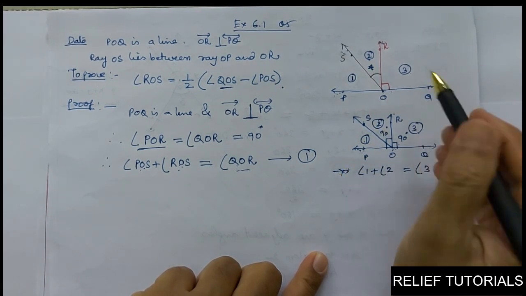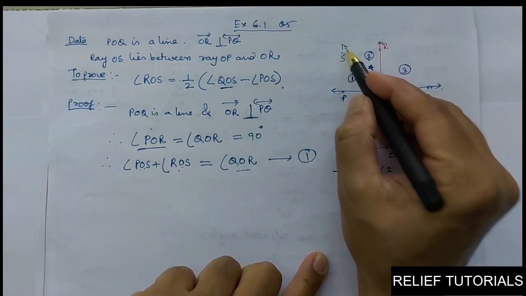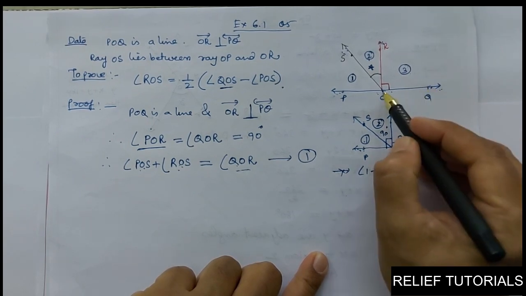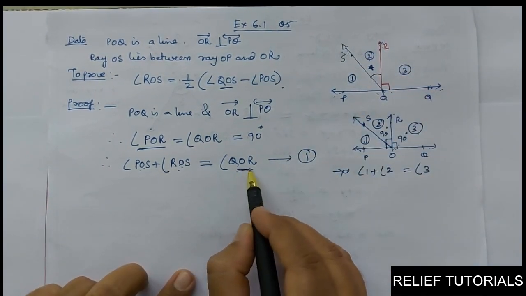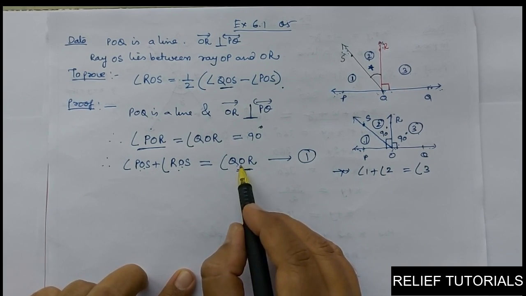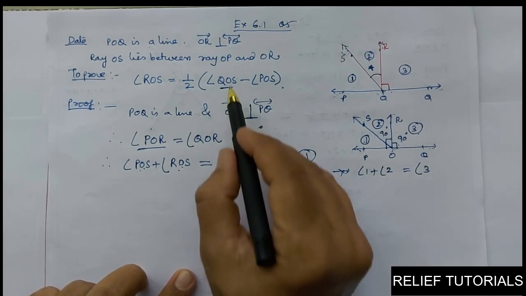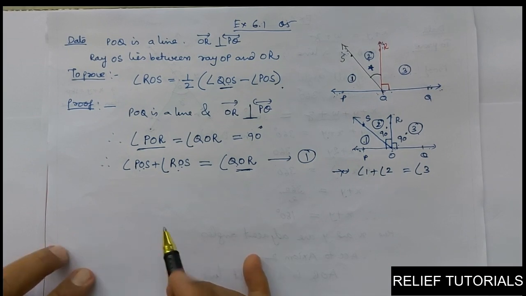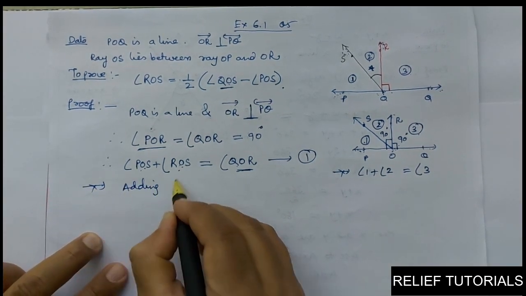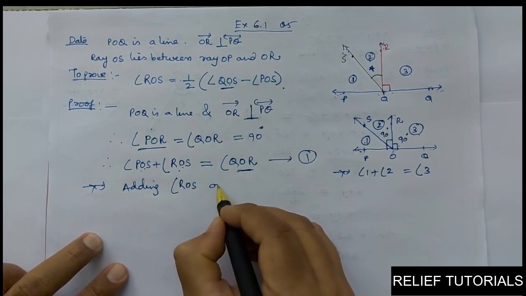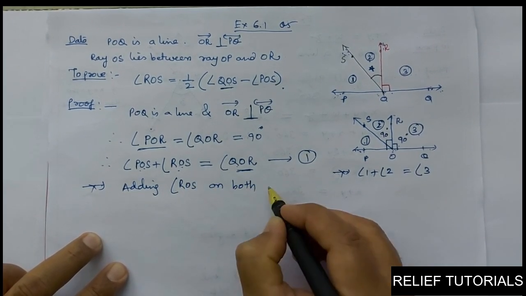Have you got it? See, QOS. So QOS is equal to QOR plus ROS. So if we add ROS to this QOR, we will get QOS. So the second point you have to remember is very simple. See, adding angle ROS on both sides.